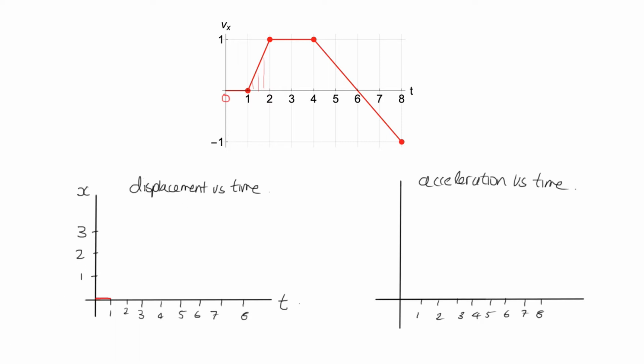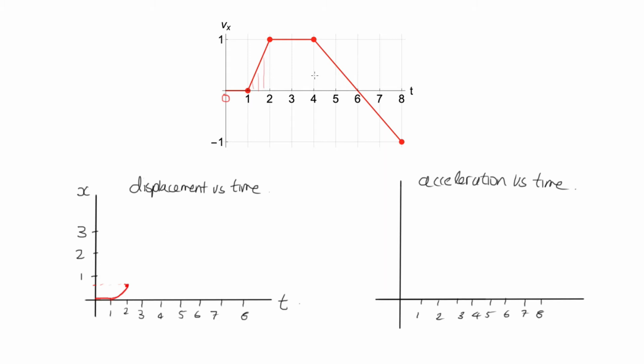So these are reasonable numbers here. So between 1 and 2 seconds, it's going faster and faster to get to half. So this is half a meter. So since it's going faster and faster, we'll draw it as a parabola like this, which is curving upwards.